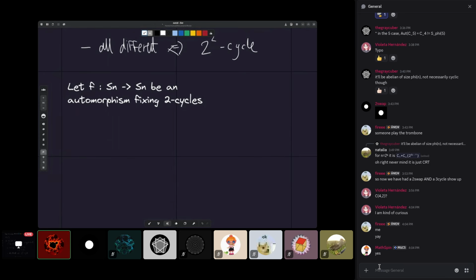Okay, so what's the next step? We're going to look at where f sends some things. Where does f send this? Where does f send this? And so on.